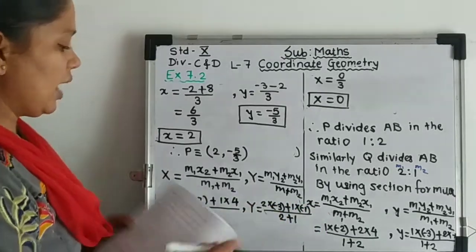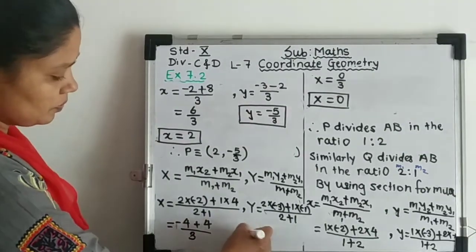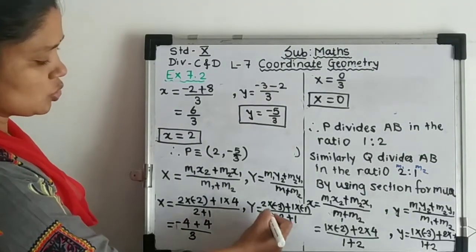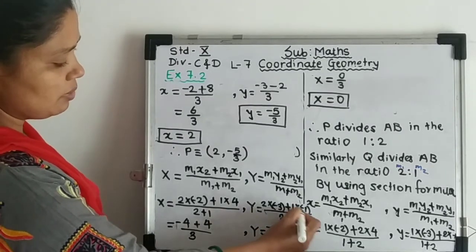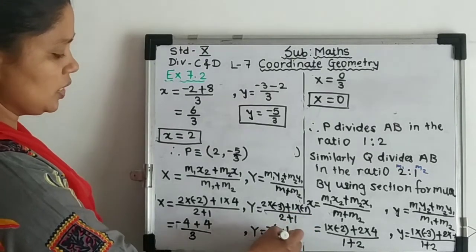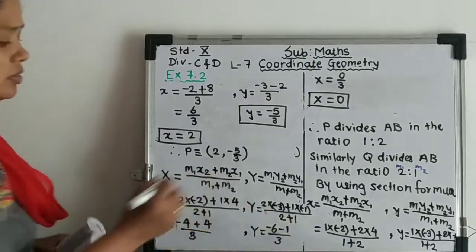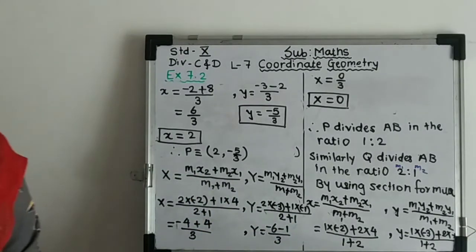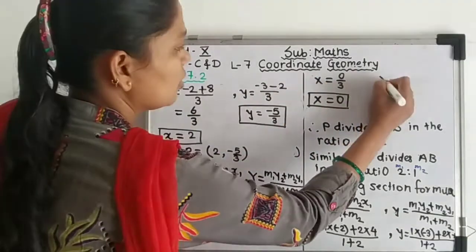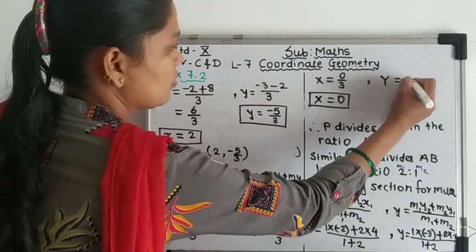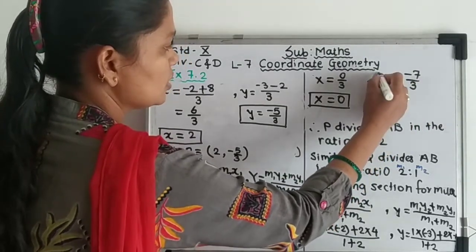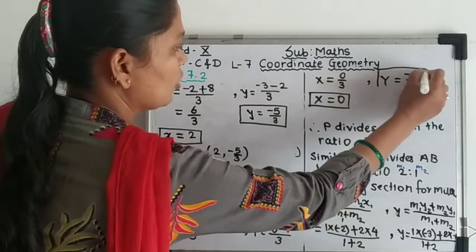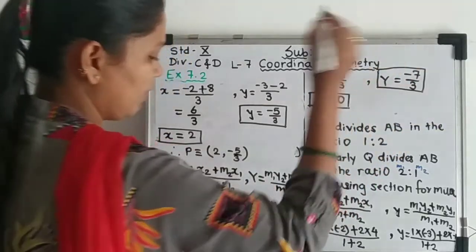So we will have here y is equals to 2 into minus 3 is minus 6. Then minus 1 ones are minus 1 and 2 plus 1 is 3. So minus 6 and minus 1. It becomes what? Y is equals to minus 7 upon 3. So this is our y coordinate because it is further not divided.